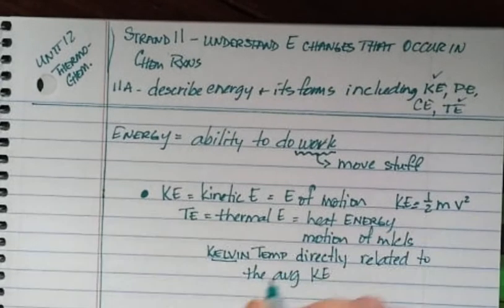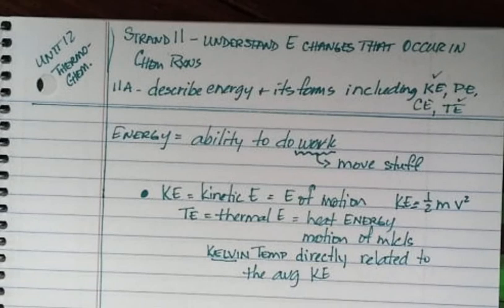When we talk about molecules moving around, and again, we just finished the unit on gases, we talk about their average kinetic energy, because all of the molecules aren't moving at exactly the same speed, so we take an average of that. And the Kelvin temperature is directly related to that average kinetic energy. No negatives, no zeros. We have absolute zero there, which we can never reach. So we can say, here's the temperature, and that's related to how quickly those molecules are moving.